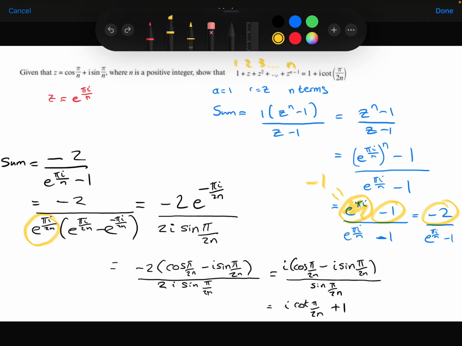And similarly, this times this is this. The next step, I noticed that this can be rewritten as 2i sine pi over 2n, using the result from the previous video. And the other thing I did at this stage is I moved this to the top with a negative power.